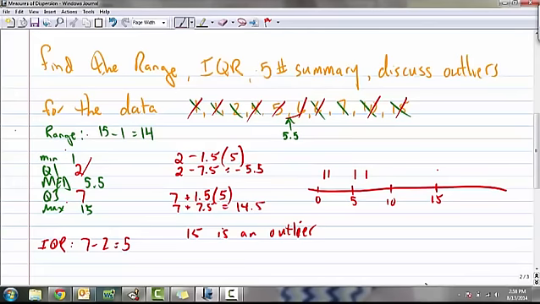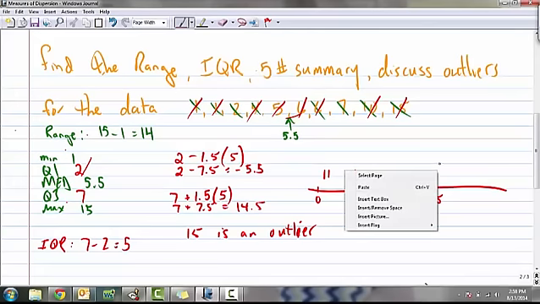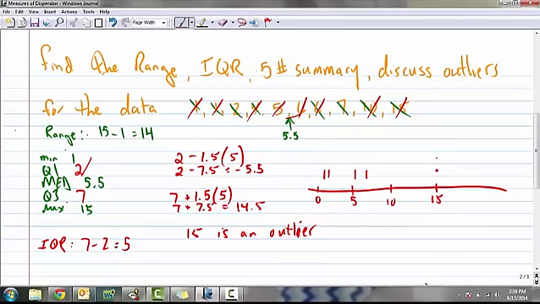Maximum is 15, but we decided that was an outlier, so we're going to put a dot there for that. And we're going to go to the next biggest data value and put a mark there. Our box goes around, it gets connected to quartile 1 and 3 and includes the median. That's our middle 50%, and from the ends of the box we go out to our upper and lower numbers, and those are the whiskers. So we have our box and whisker plot showing our outlier.